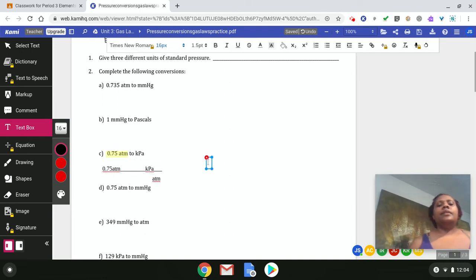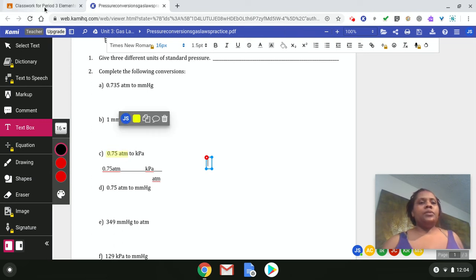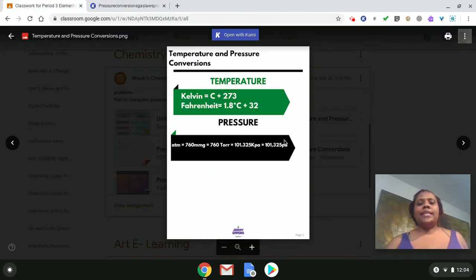Okay? Now, here's the problem. What are the conversions? When we did moles, we said next to moles, put 1. Next to molar mass, put the molar mass. Next to grams, put the molar mass from the periodic table. Next to atoms, use Avogadro's number, 6 times 10 to the 23rd. Same kind of concept here, except you are using these conversions.